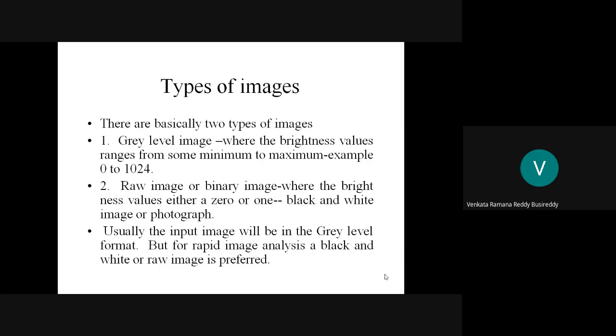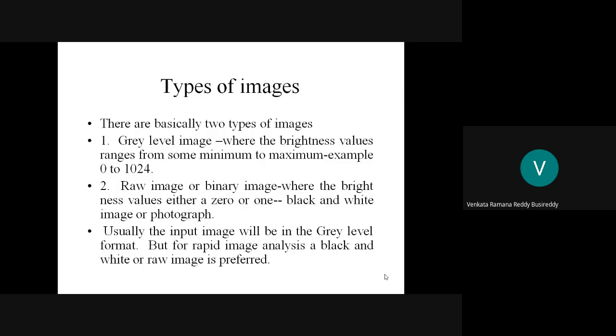Up to now, research has been going on, but color image processing has not come into the picture that seriously so far. Researchers are working on it, and I think it may come in the future. But the disadvantage is that you will not get as accurate information from color images compared to black and white images.